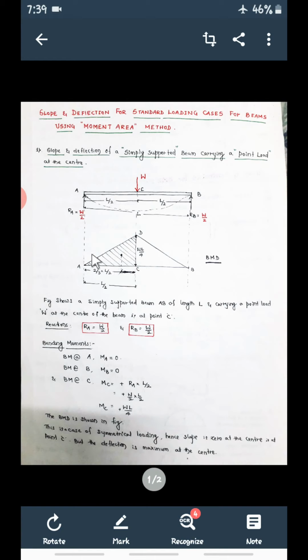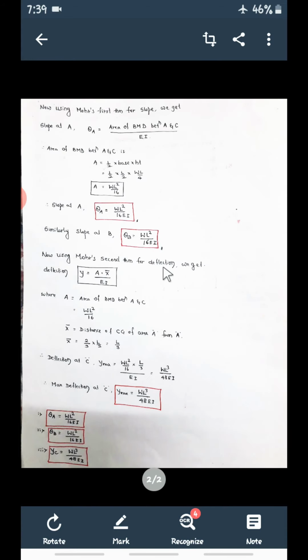What is the area between A and C? This triangle is the area between A and C, because the deflection at A is 0 but we want the deflection at C. Or you can even consider the BC portion also, since deflection at B is 0 and deflection at C will be y C. Now what are the terms in this equation?